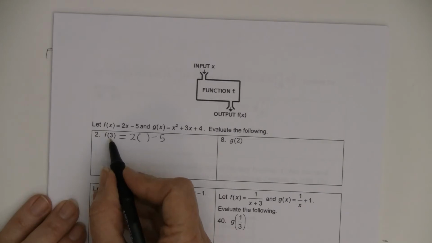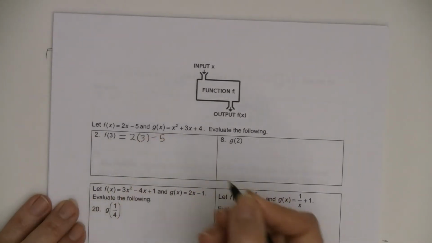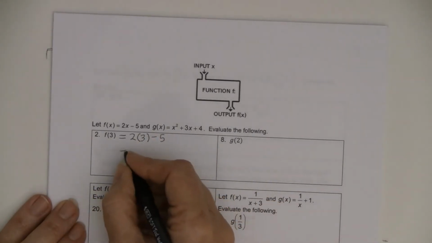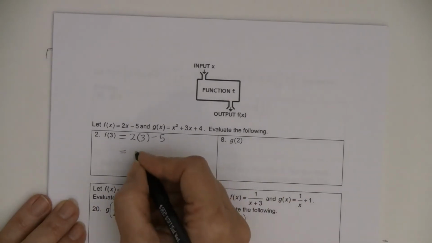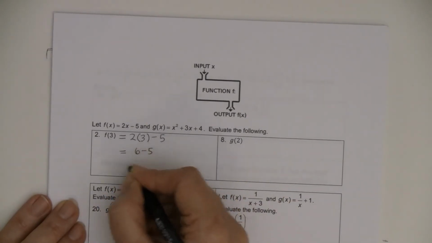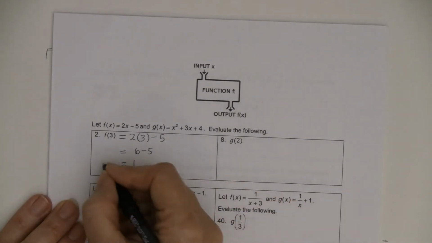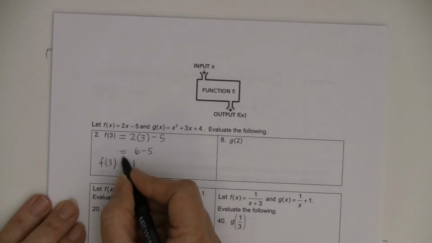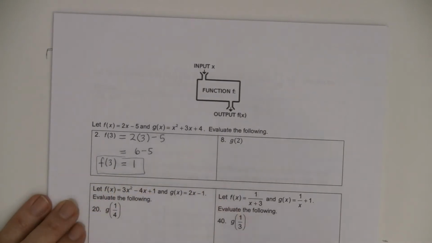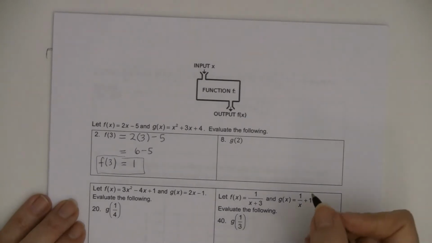They're saying our x is 3. So we're going to put in 3 there, and then we're just going to do the arithmetic. 2 times 3 is 6, minus 5 is 1. And so the whole thing together would look like this: f at 3 equals 1. In the back of the book, since they asked you what is f at 3, they'll just say 1.